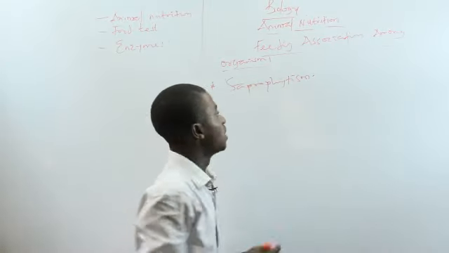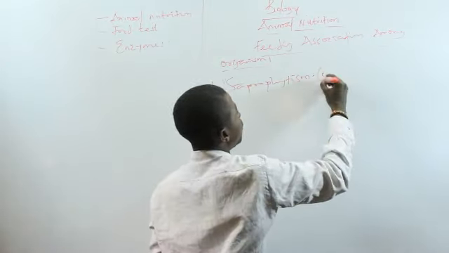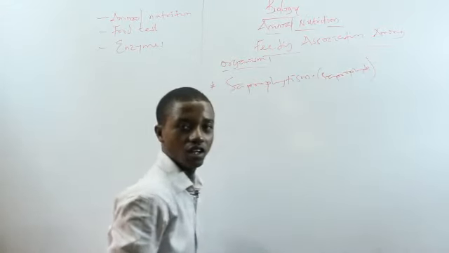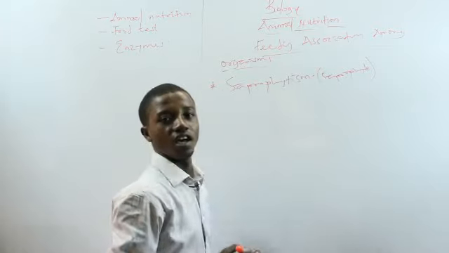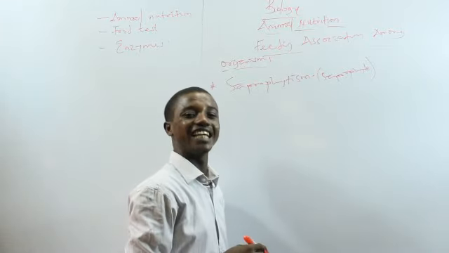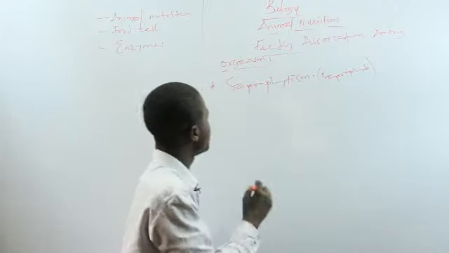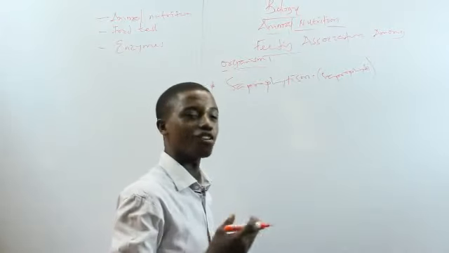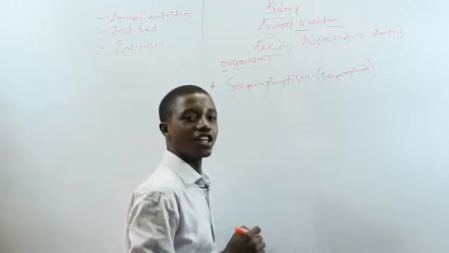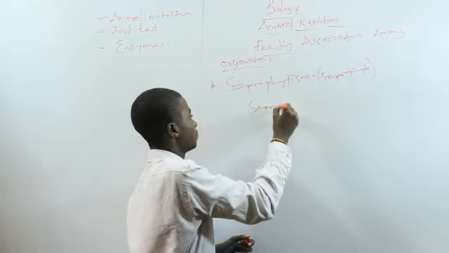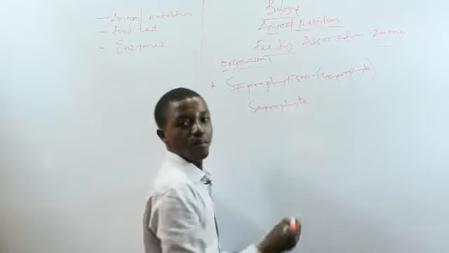saprophytism. Saprophytism gets its root word from saprophyte. In saprophytism, organisms feed on dead organic matter. In saprophytism, organisms feed on dead remains of plant and animal. Usually the organism that carries out this kind of reaction is called the saprophyte.